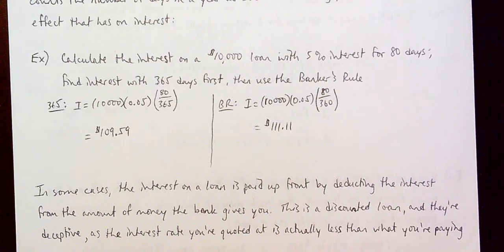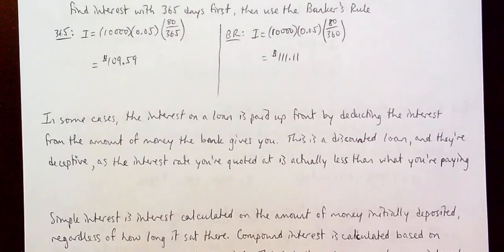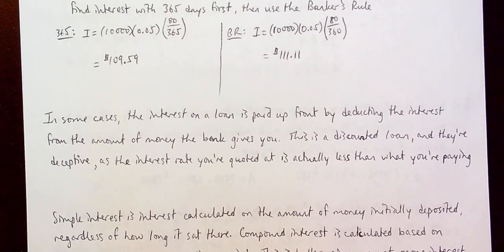In some cases with loans, the interest on a loan can be paid up front by deducting the interest from the amount of money that the bank gives you. This is what's known as a discounted loan. And these things are very sneaky. They're very deceptive because the interest rate that you're quoted at when you get the loan is actually lower than the interest rate that you're actually paying on that loan.